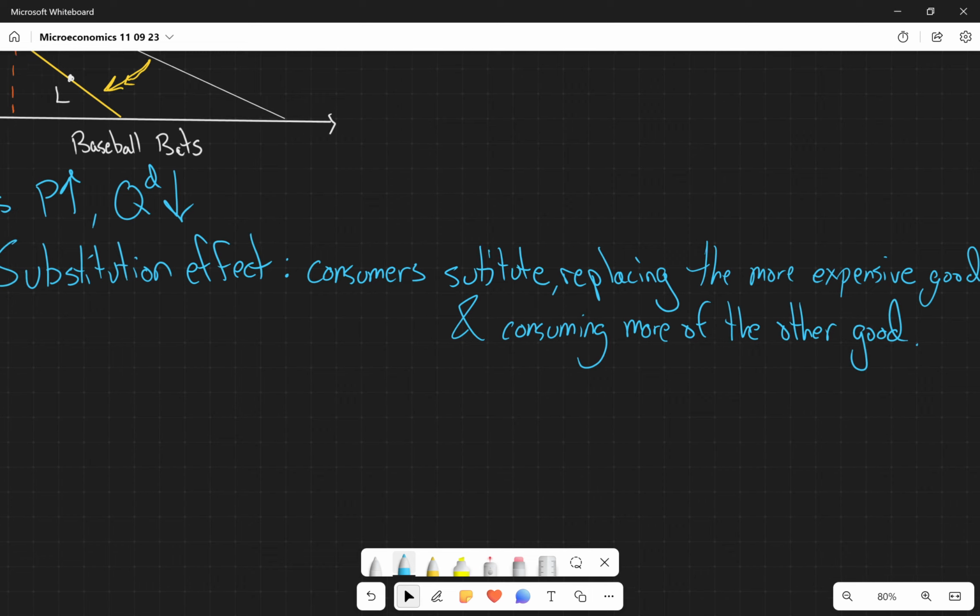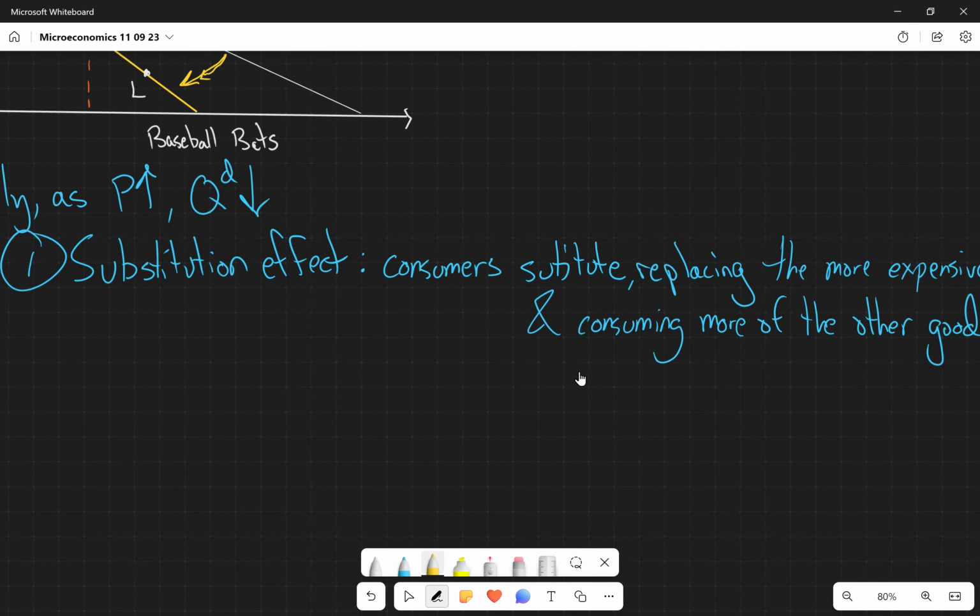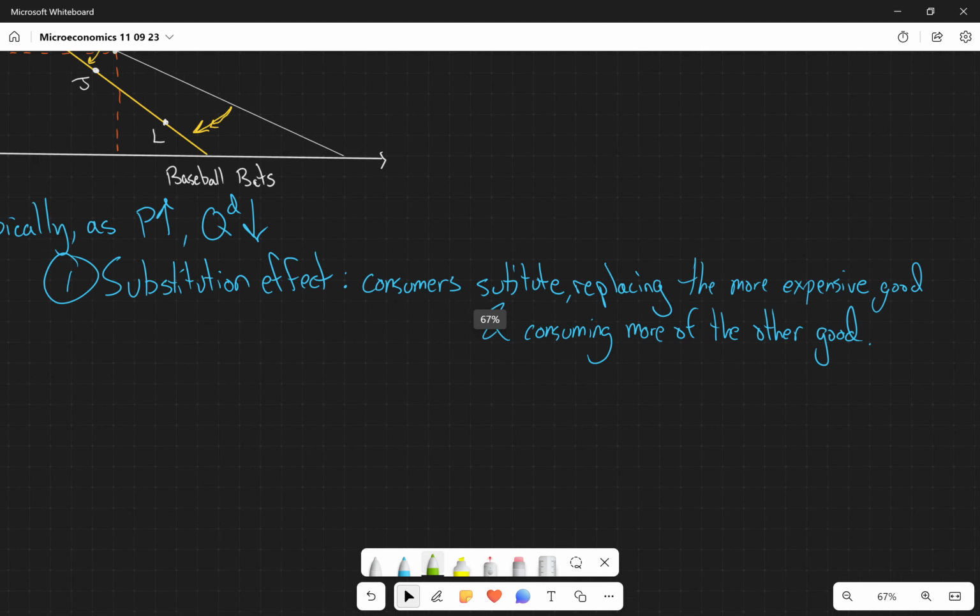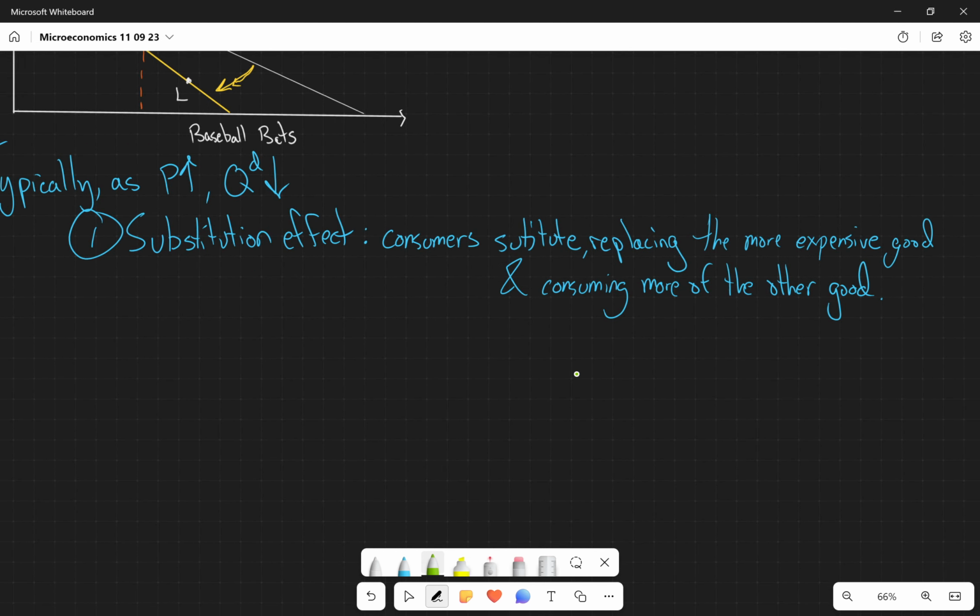The relatively cheap good. The second effect that we have that causes this law of demand to true out in reality is going to be called our income effect. So our income effect is this notion that higher prices mean lower buying power of your income.